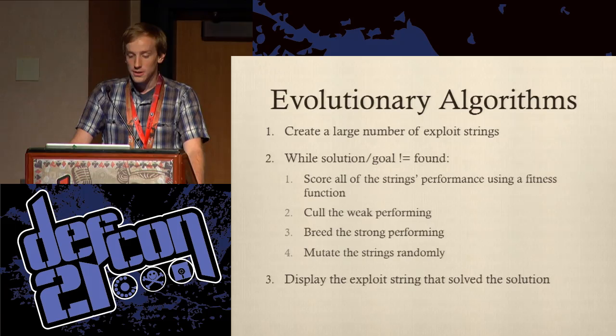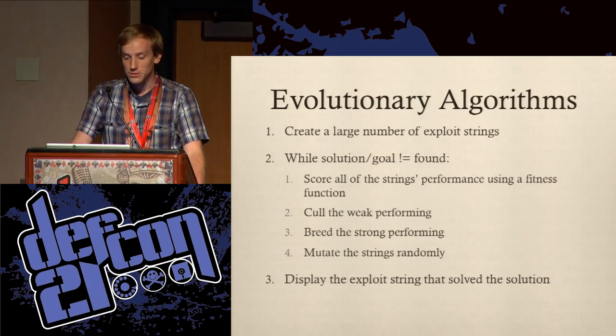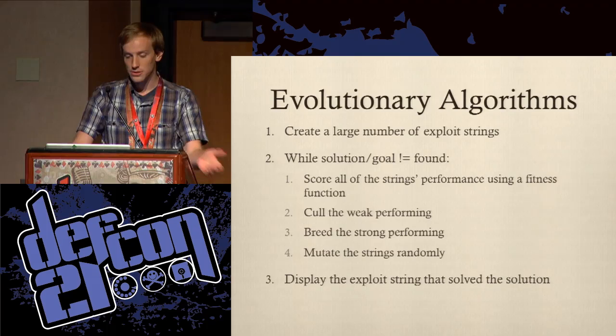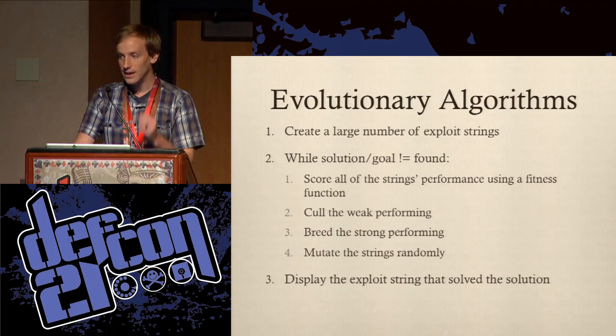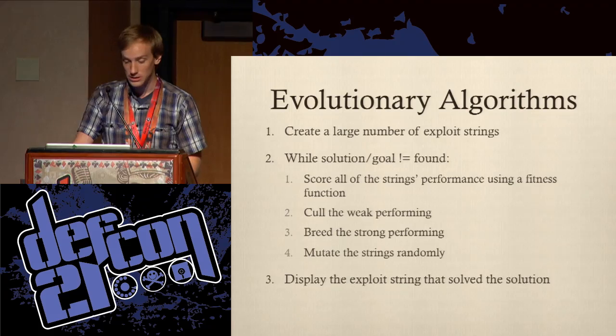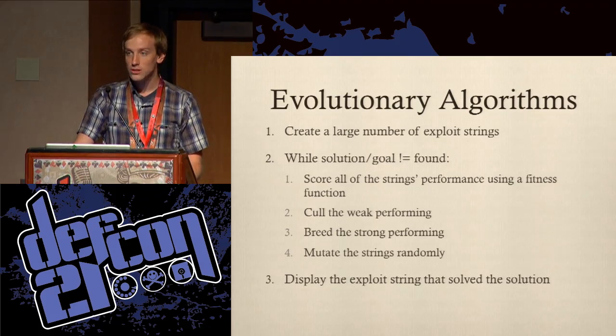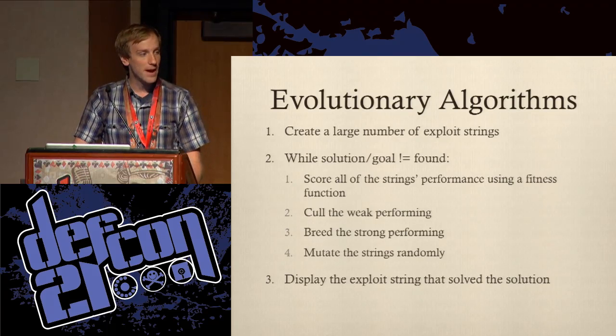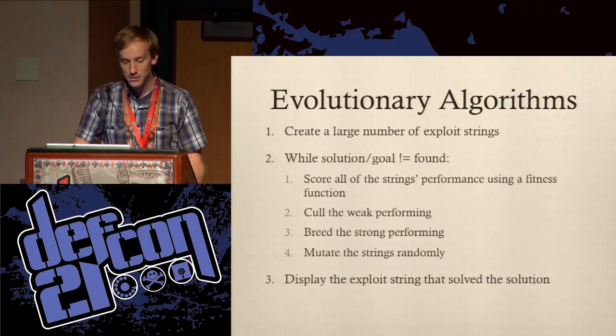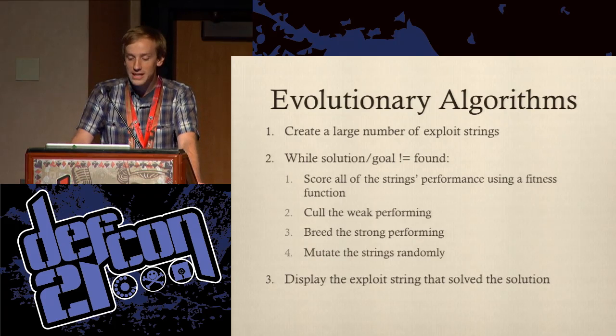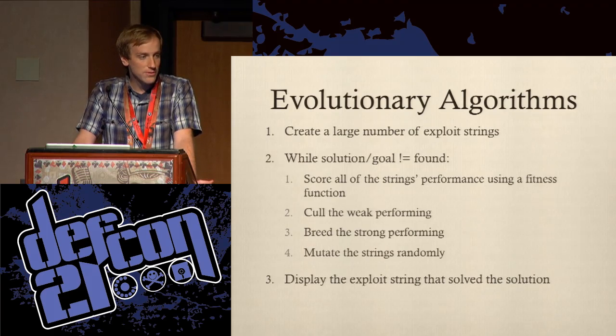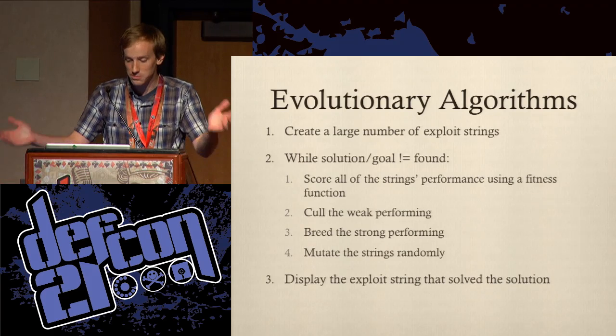So our algorithm is a loop: while we haven't found the solution, we score, we kill off all the low-performing strings, we breed the strong-performing strings, the ones that are more efficient, or bypass better, or exploit better, and then we also mutate the strings randomly. Once we have found a correct exploit, we display it.